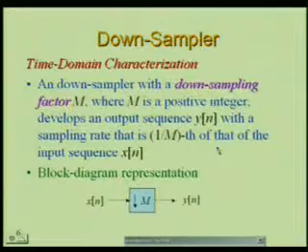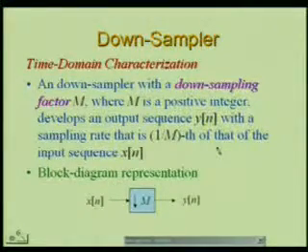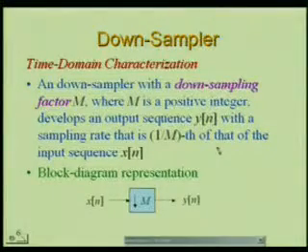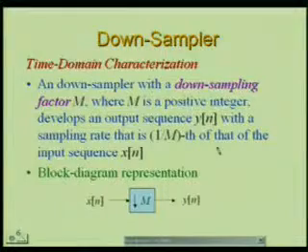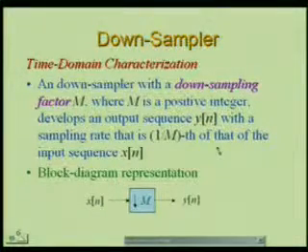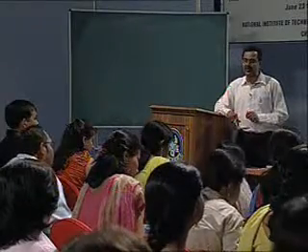A downsampler with a downsampling factor M, where M is a positive integer, develops an output sequence y[n] with a sampling rate that is 1 divided by Mth of that of the input sequence x[n]. So, the reverse is the situation here. Upsampling we have understood. Through upsampling, I can increase the sampling rate by a factor of L. Here I can decrease the sampling rate.